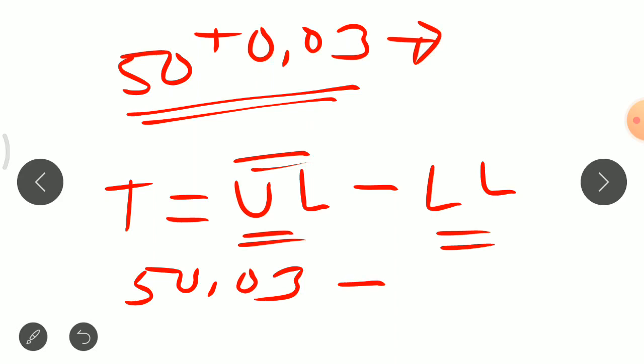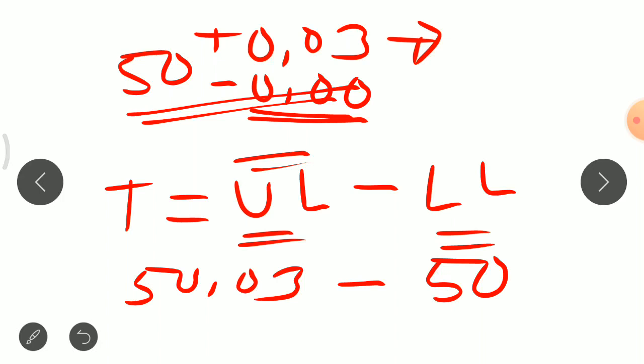We don't have the lower limit. In such conditions we have to consider the minus value as 0.00, and after that the lower limit is 50, because after subtracting 0.00 from 50 we get 50 mm, and the tolerance value here is 0.03 mm.